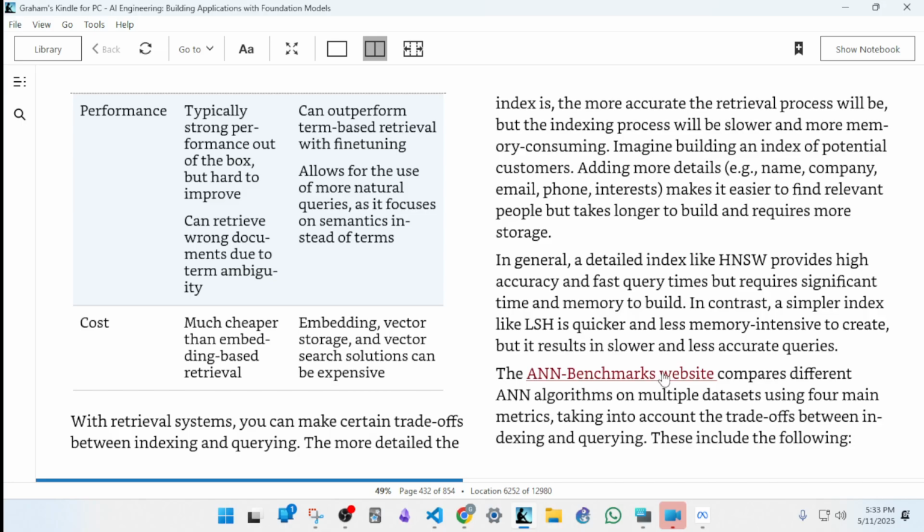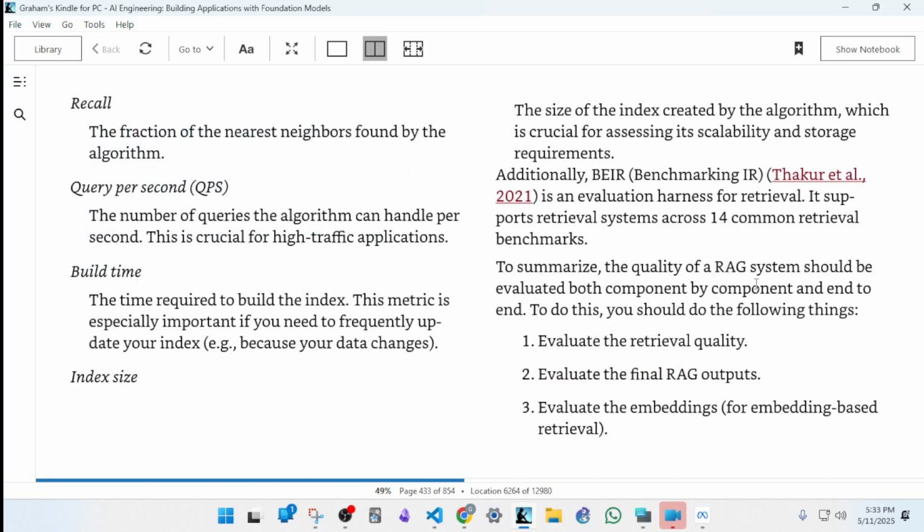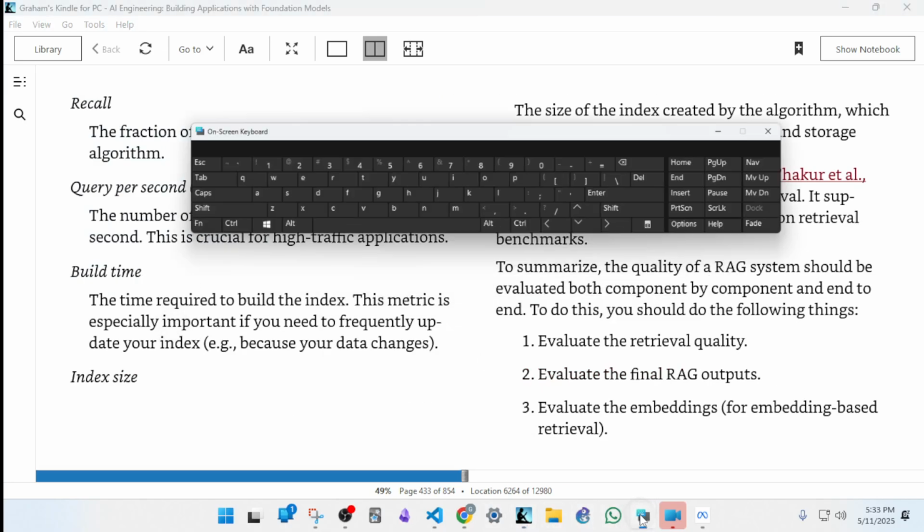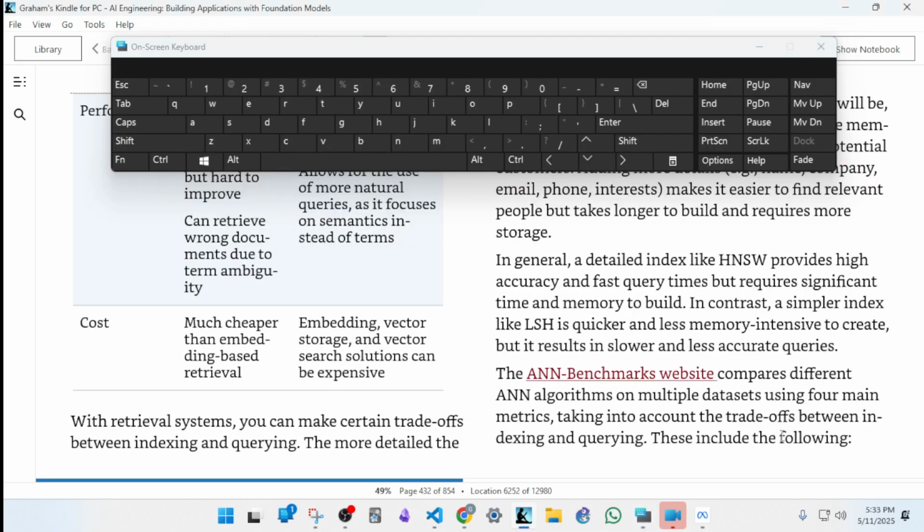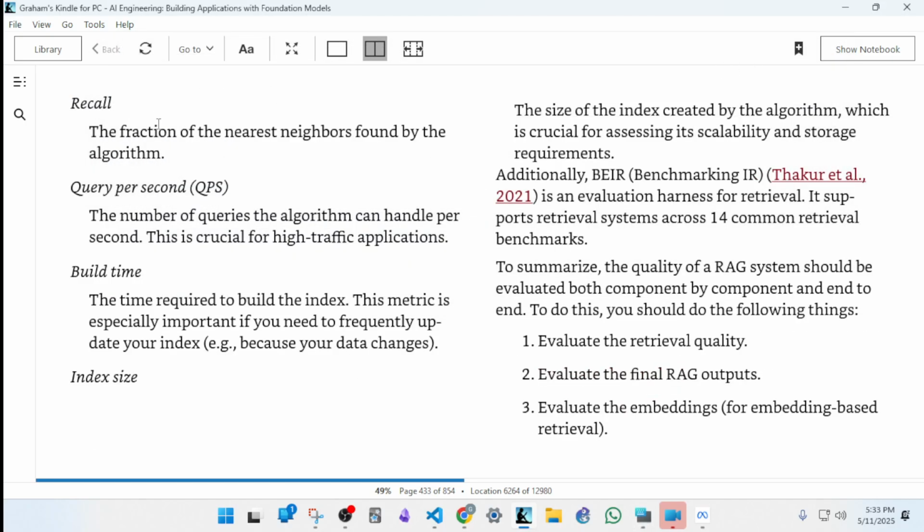The ANN Benchmarks website compares different ANN algorithms on multiple datasets using four main metrics, taking into account the trade-offs between indexing and querying. These include the following. Recall, the fraction of the nearest neighbors found by the algorithm. Queries per second, QPS, the number of queries the algorithm can handle per second. This is crucial for high traffic applications.